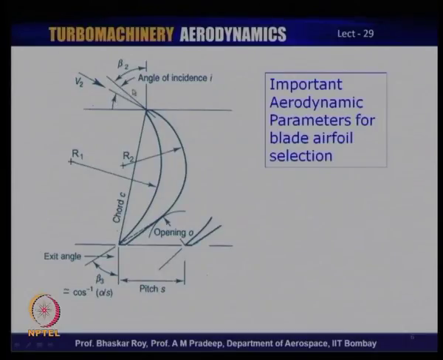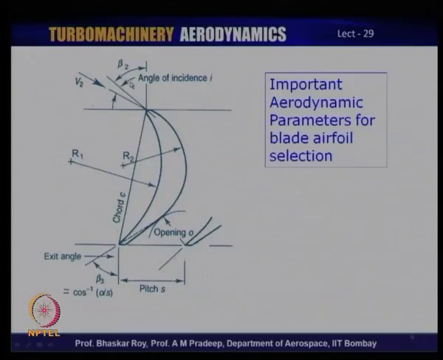Angle of incidence, something which we have discussed earlier, is typically the angle subtended by the tangent to the camber at the leading edge to the flow direction. So, the flow direction makes an angle of incidence I with the tangent to the camber at the leading edge. That tangent to the camber is the angle at which the blade is set, and that is beta 2.